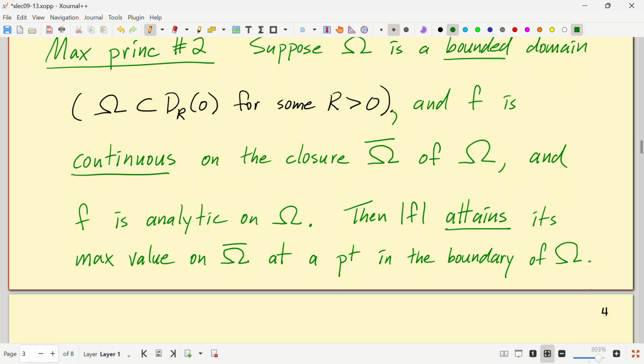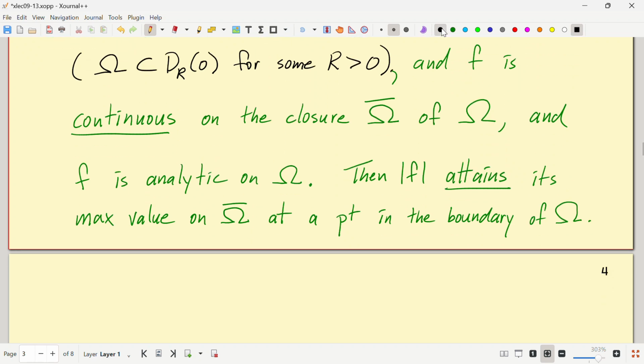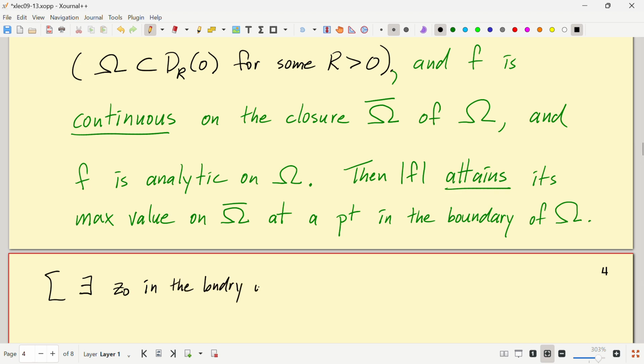So this means there exists a z naught in the boundary of omega with the modulus of f of z naught equal to the max of the modulus of f on omega closure.